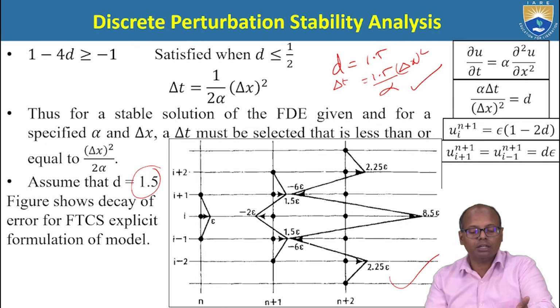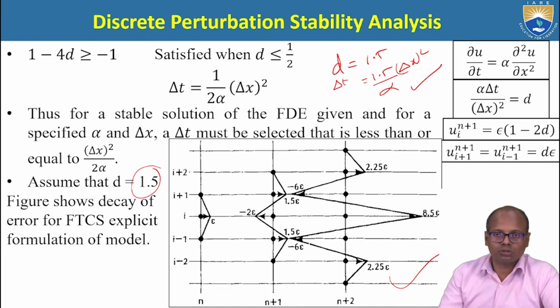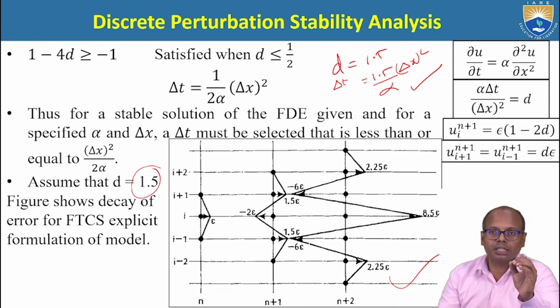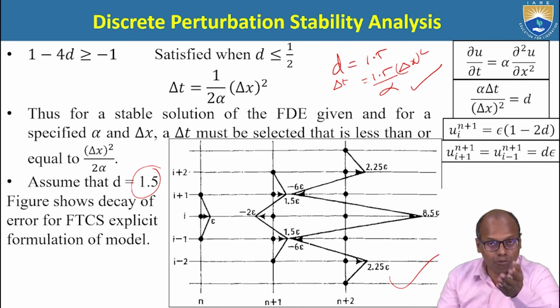So this is the discrete perturbation stability analysis. If d is less than 0.5, the solution is stable. If d is greater than 0.5, the solution is not stable. So how did we arrive here?